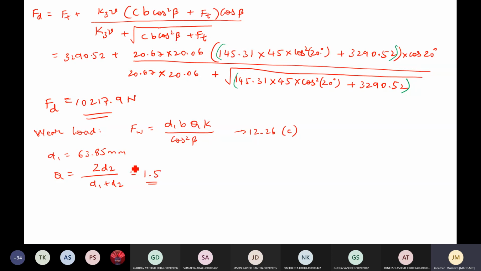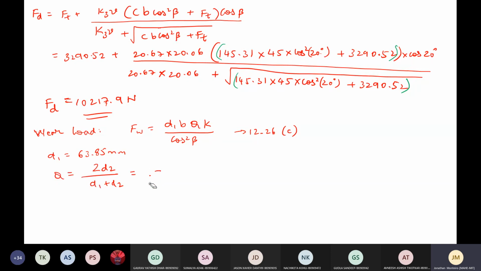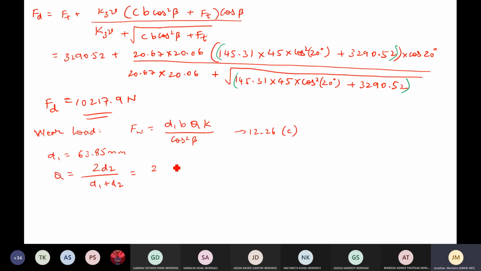You can use one more method also, rather than putting all the values. You can use 2 times 3D1 by D1 plus 3D1. So it's 2 into 3 into D1 by 4D1, which is 1.5.